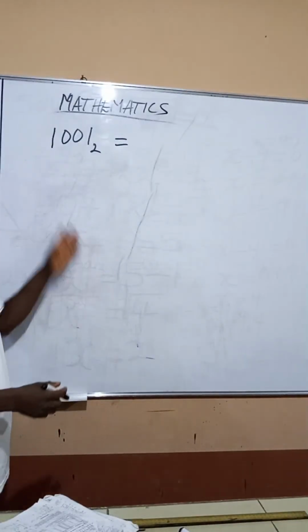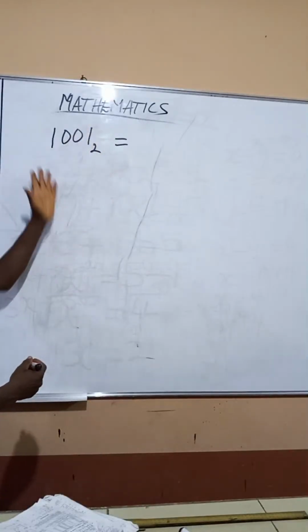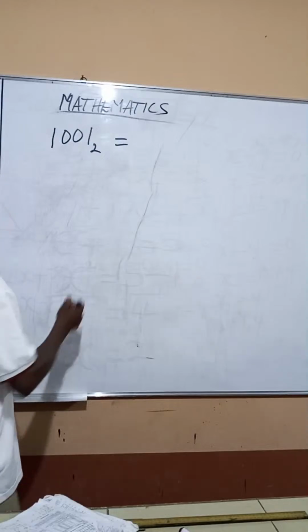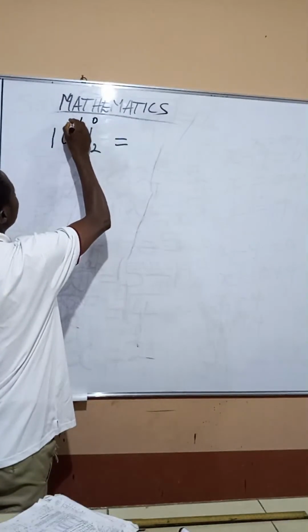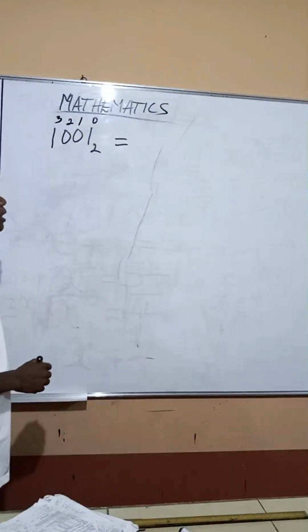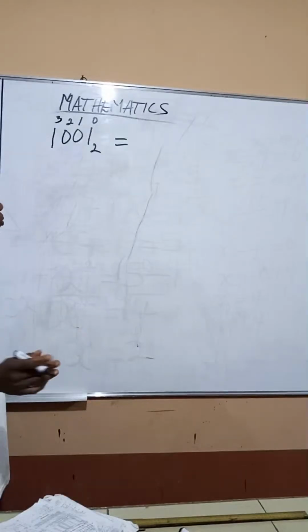So who can give us the solution to this in base 10? What is it going to be? Remember, we just want to expand it. If we are expanding, this will be 0, this will be 1, this will be 2, and this will be 3. This is how simple it is. There's nothing to worry about at all.